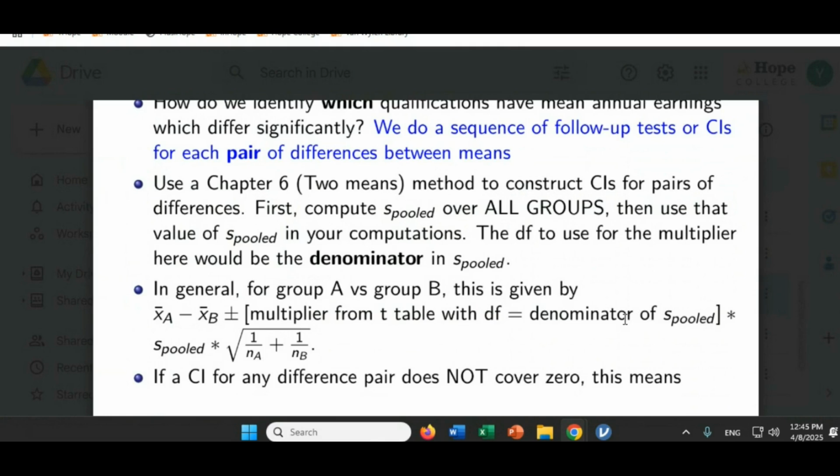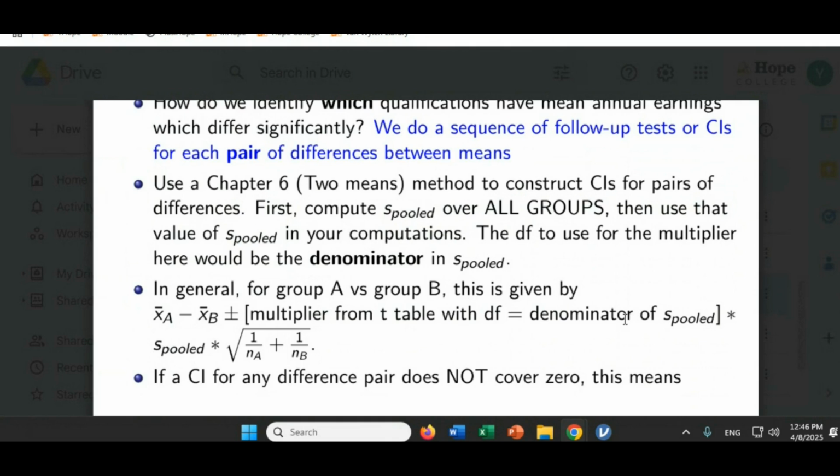Now that number is an S pooled that was computed over how many groups? How many groups were involved in the computation of that 33 S pooled? 5. So what I'm saying here is this. Even though you are comparing two groups here, you used an S pooled that was derived from 5 groups.